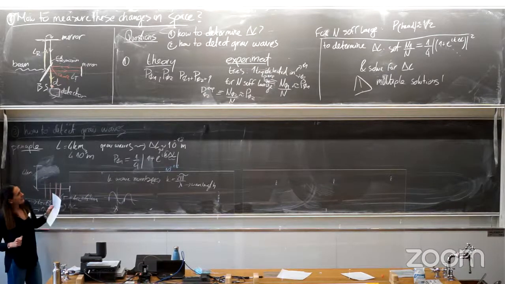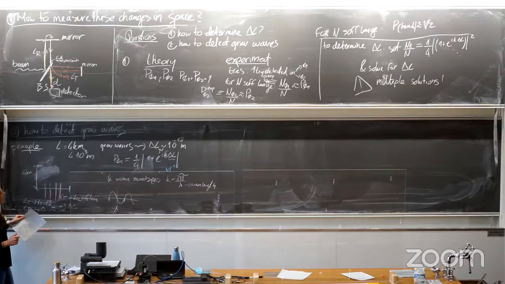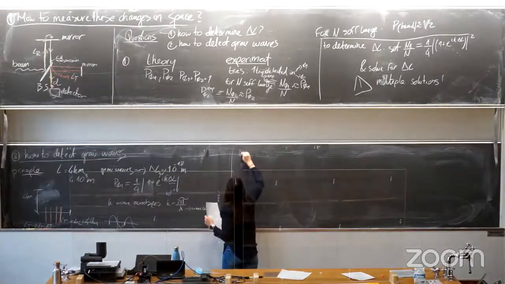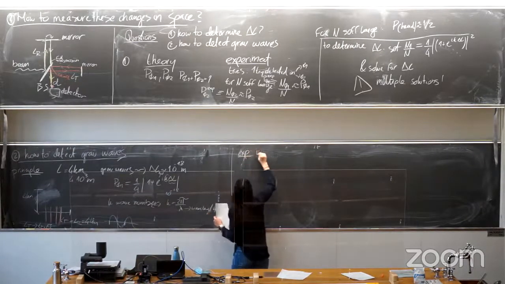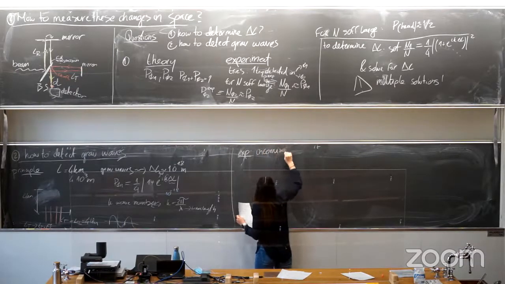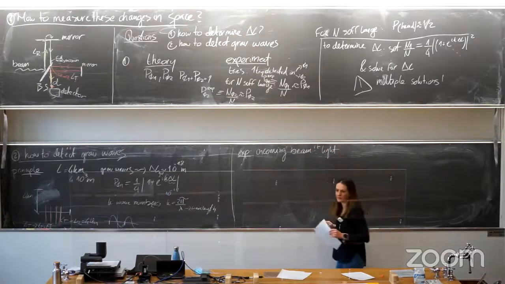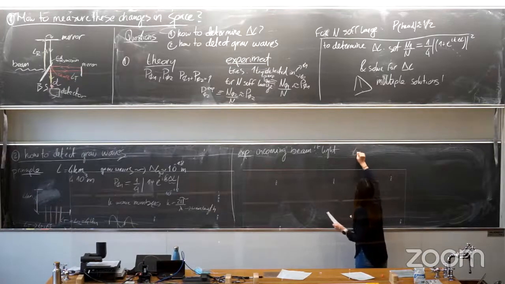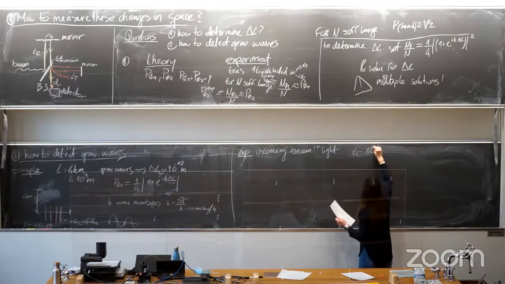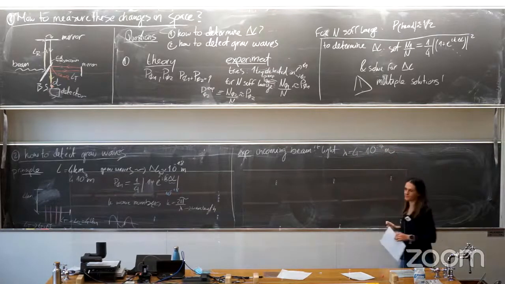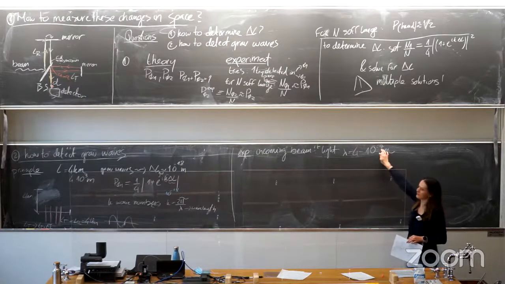Now, the experiment for detecting gravitational waves doesn't really have a transmitted beam; the incoming beam is light. And light has a wavelength of about 10 to the minus 7 meters, so in the order of nanometers.